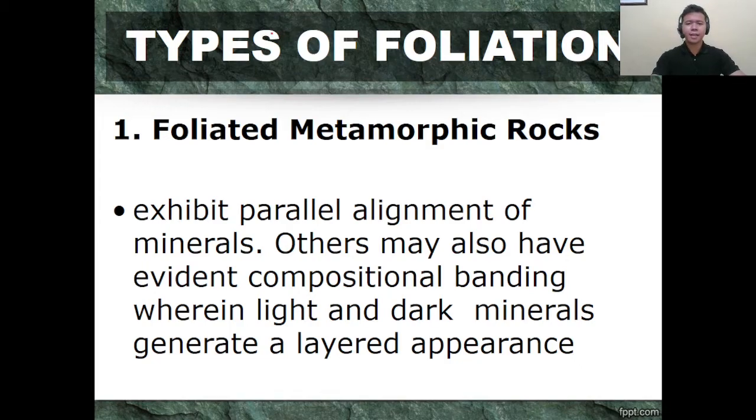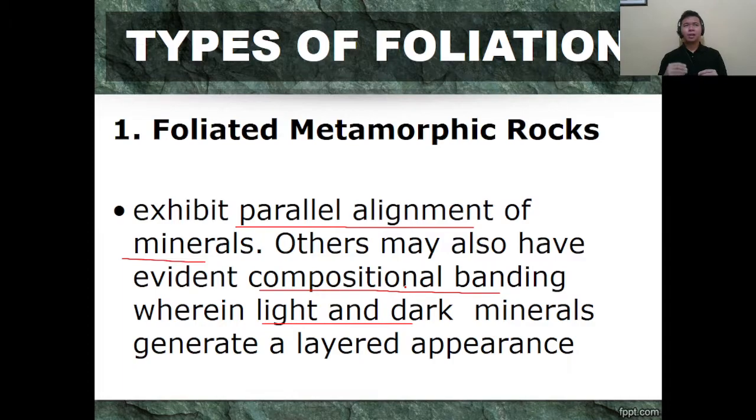For the foliated metamorphic rock, they exhibit parallel alignment of minerals, wherein there is also a compositional banding wherein light and dark minerals generate a layered appearance. Okay, so it's the difference between dark and light components.